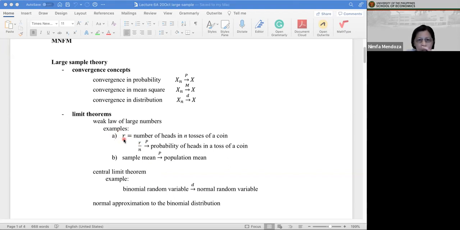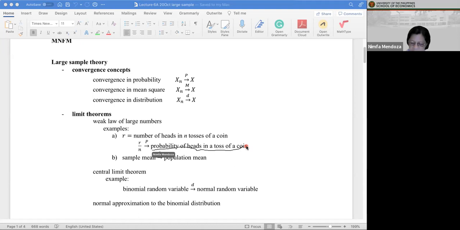okay, so we would have, for example, let R be the number of heads in n tosses of a coin. But we do not know the probability of heads in a toss of a coin in the population, in the underlying data generating process.